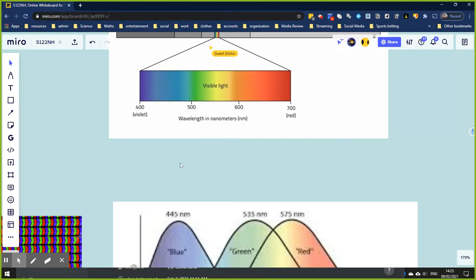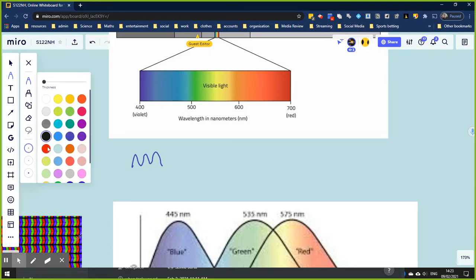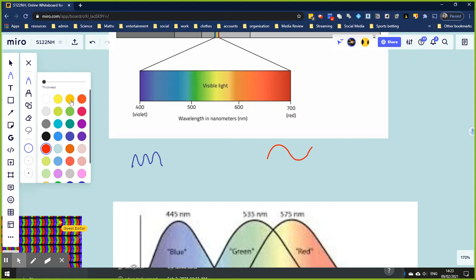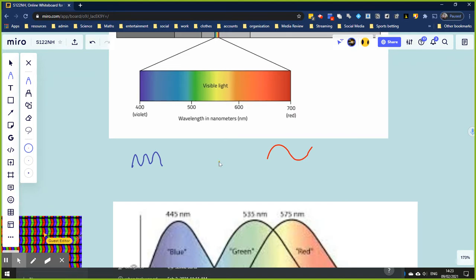So that means that in light, if we have a smaller wavelength like this, then our brain translates that into blue, and we see the color blue. Whereas if it's longer, our brain translates that into red. And if it was somewhere in between, then our brain would translate that into the colors in between, right?